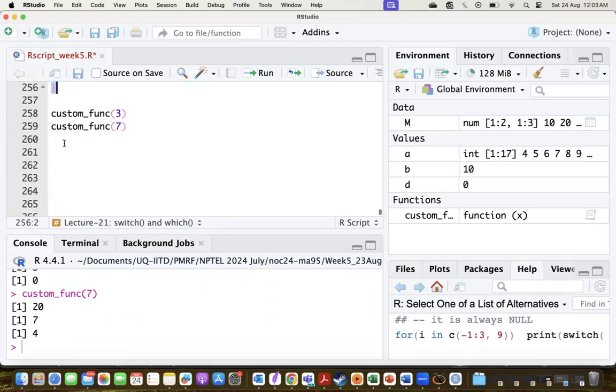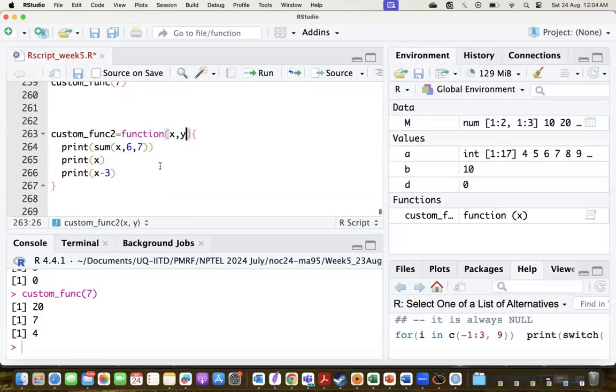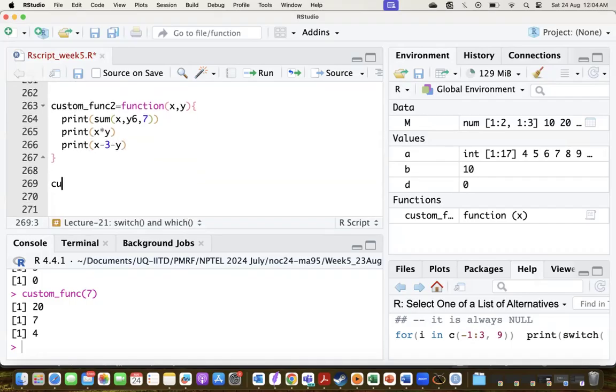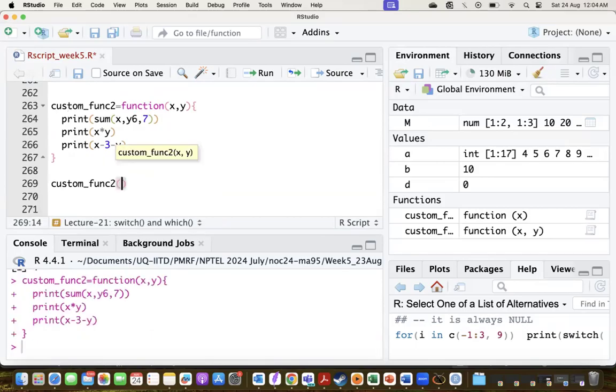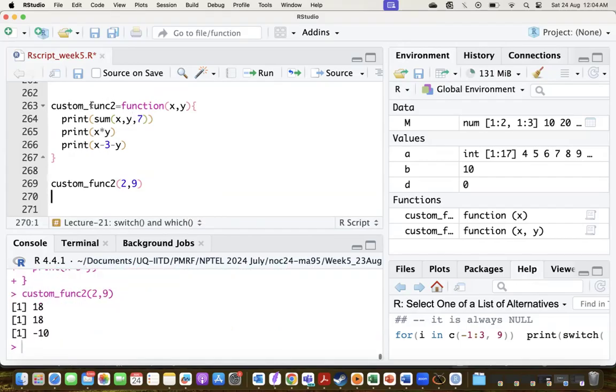Likewise, I can have another function. Let me say it takes 2 values. Let's say I'll say 2 comma 9. Sorry. Okay. So again, what I did was my function accepts 2 inputs, x and y.